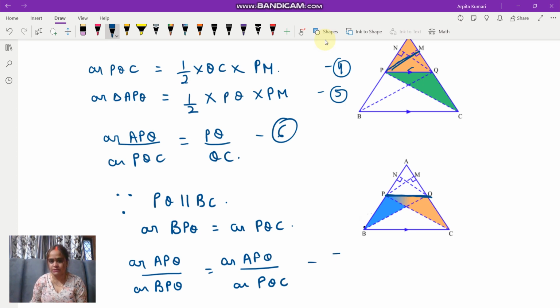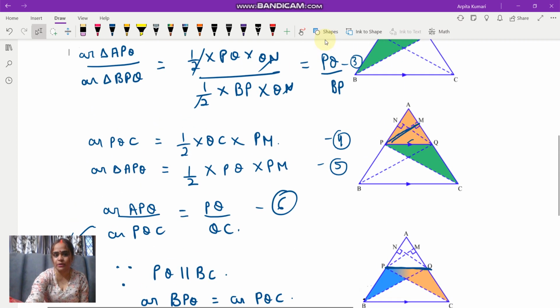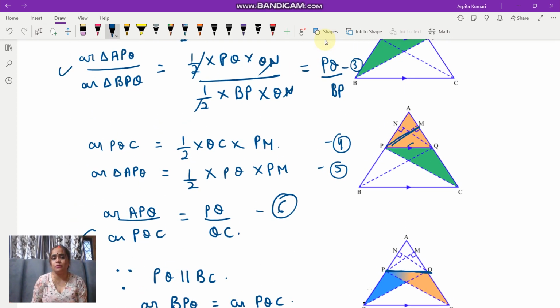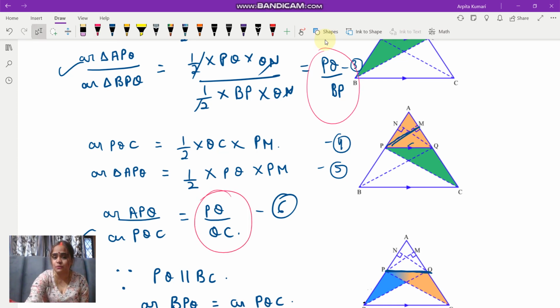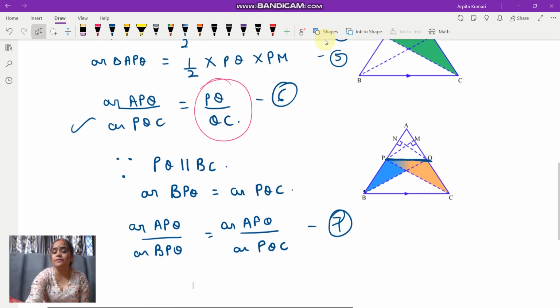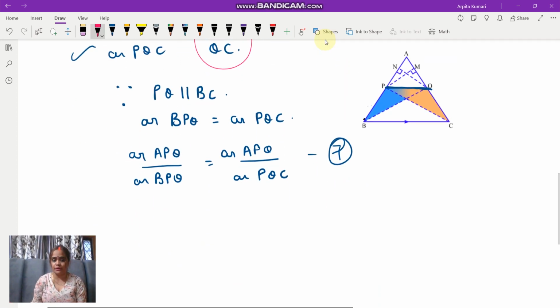So if the left-hand side is the same, that is APQ by PQC and APQ by BPQ, then definitely this AP by BP and this PQ by QC would also be the same. So this is what we have to prove.